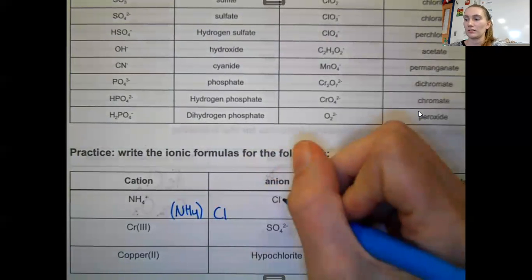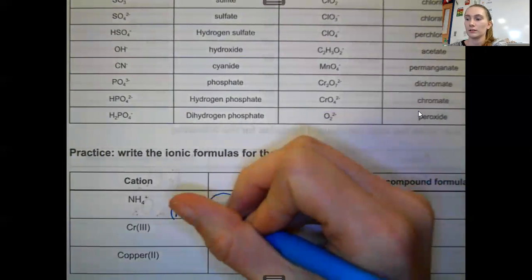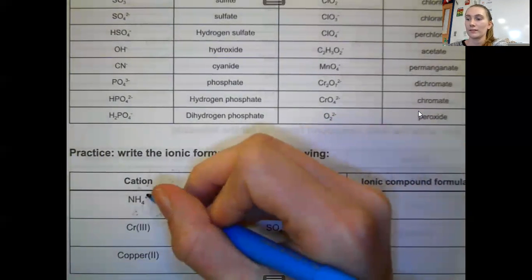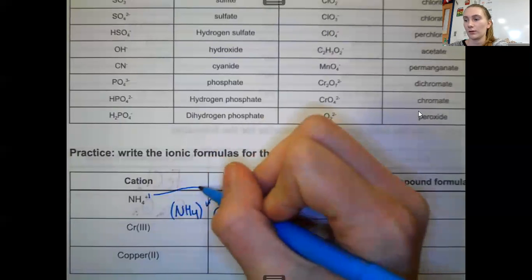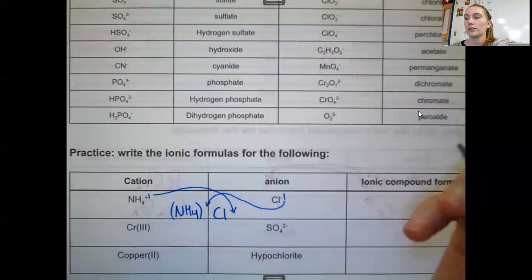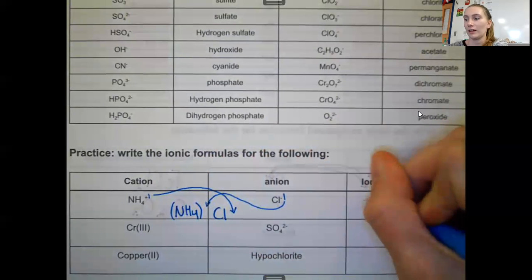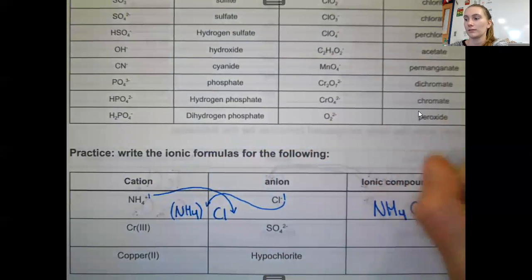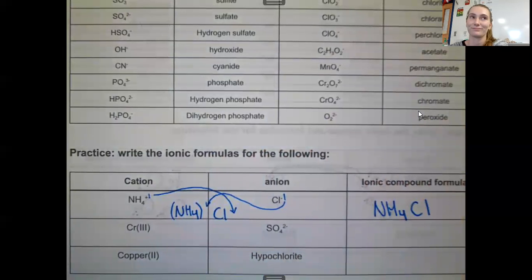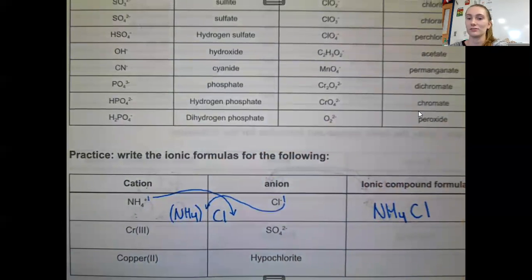Then I'm switching these. The chlorine has a 1, so that will go here. The NH4 has a +1, so that goes on this side. So we actually just get NH4Cl.